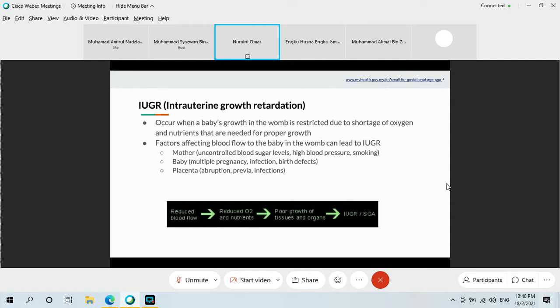And then placenta, such as placental abruption, placenta previa, or infection of the placenta. So as you can see in the table here, reduced blood flow, reduced oxygen and nutrients, poor growth of tissues and organs, and then will cause IUGR. So next.